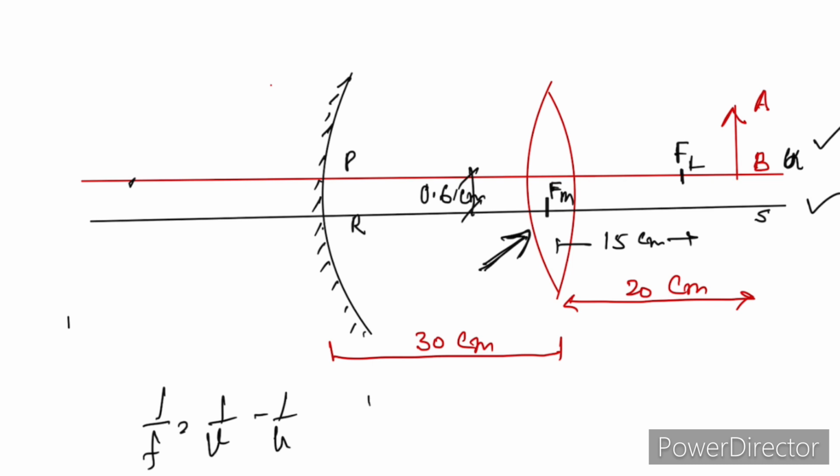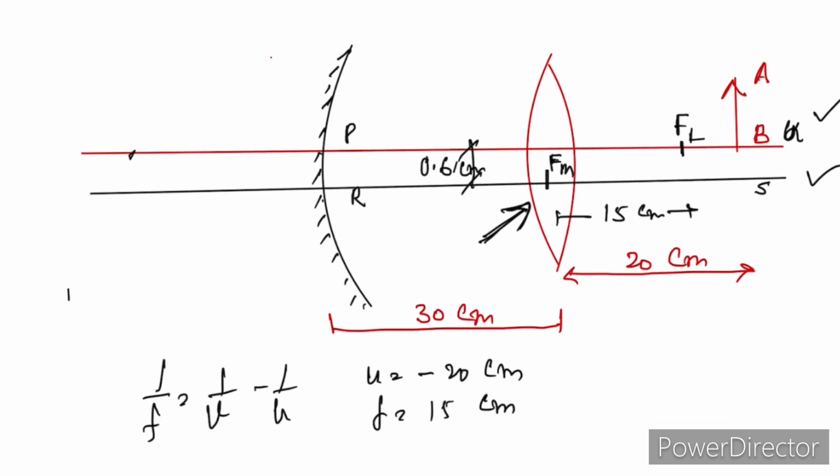Here, u is given as minus 20 centimeter and f is 15 centimeter. It is plus because it is the focal length of the convex lens, correct? So if we put these two things in this formula, let us see what will come.